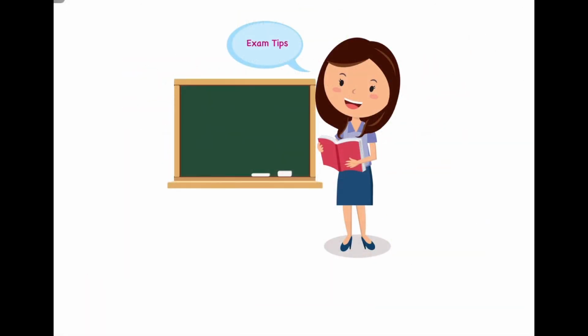So we have covered all the major subheads of erythroplakia. Now let's move on to our last session of the video, that is the exam tips. My first exam tip would be, don't try to mug up this lesion, try to understand the basic concepts. It is very easy, there is nothing hard in it.